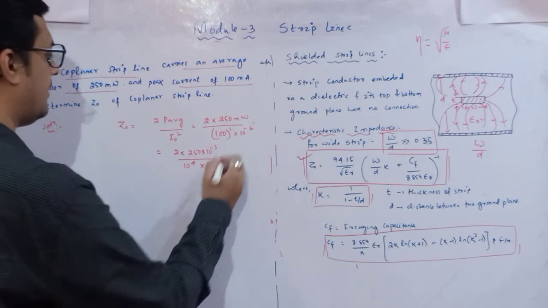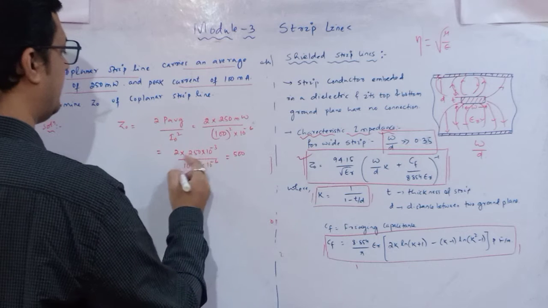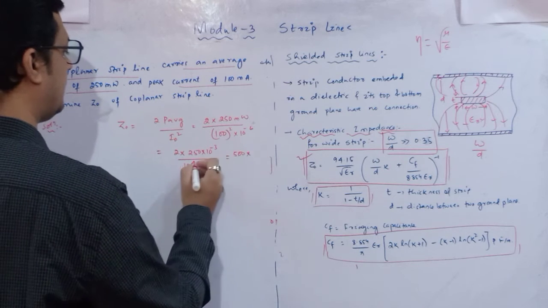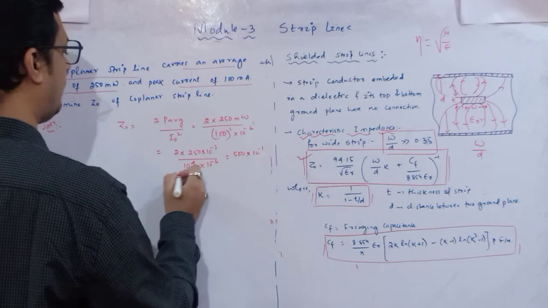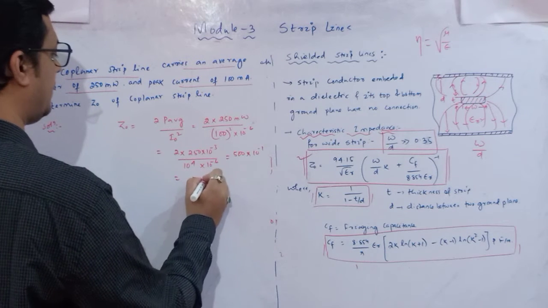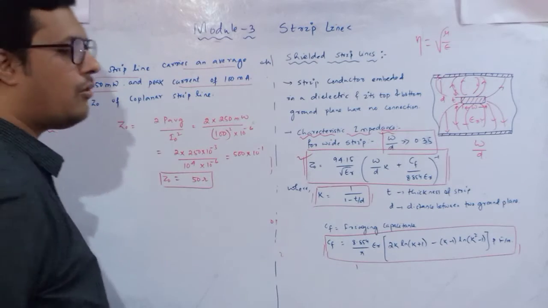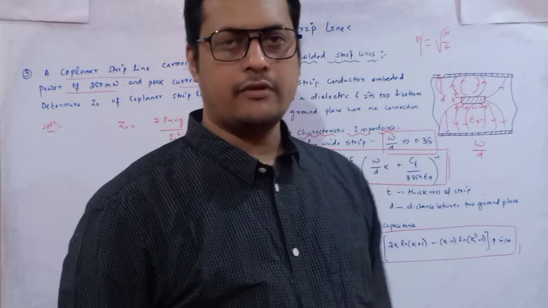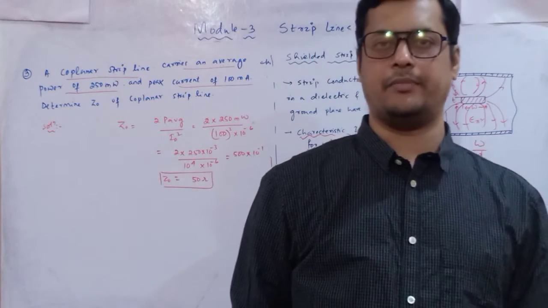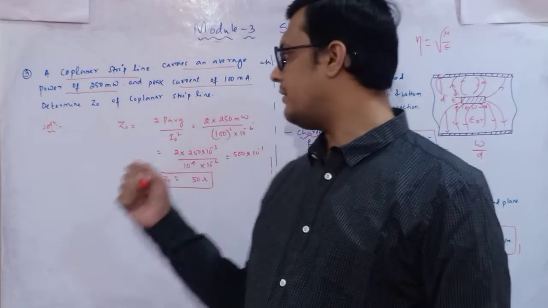If you take it, you will get 500, then 10 to the power minus 1, so it is 50 ohm. So the characteristic impedance for the coplanar strip line, with an average power of 250 milliwatt and a peak current of 100 milliampere, will be 50 ohm.